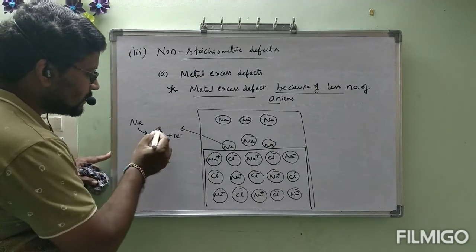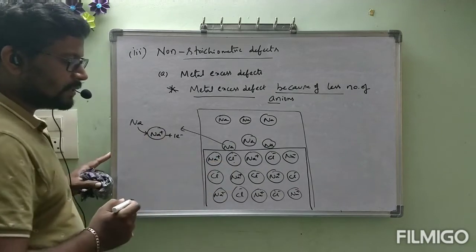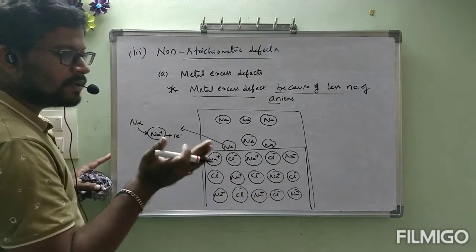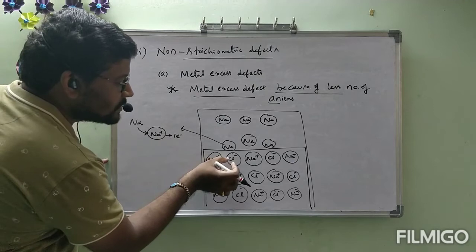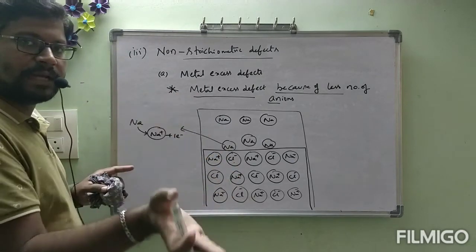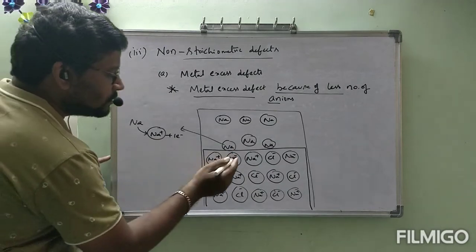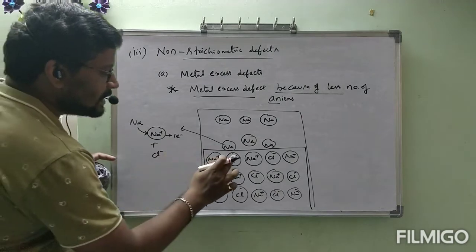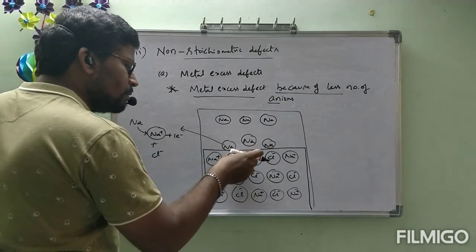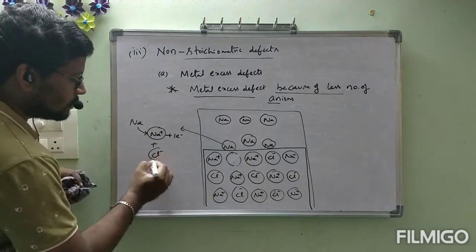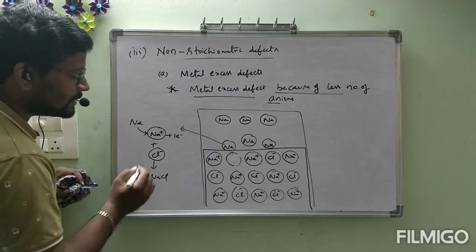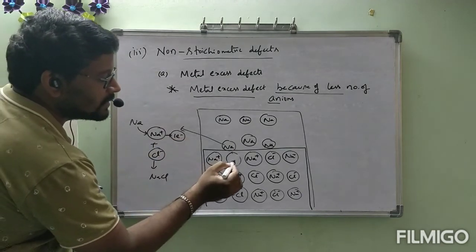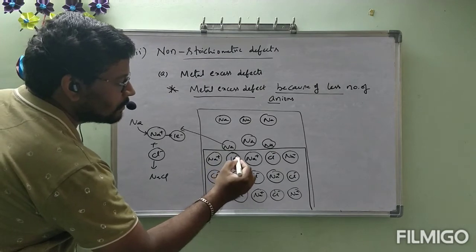Then immediately this Na plus and Cl minus will combine, meaning this Na plus will absorb the Cl minus, so Cl minus is going to come out. This reacts with Cl minus to form NaCl. Then the Cl minus is not present here. At that time, the electron coming from this sodium is going to occupy the Cl minus position.